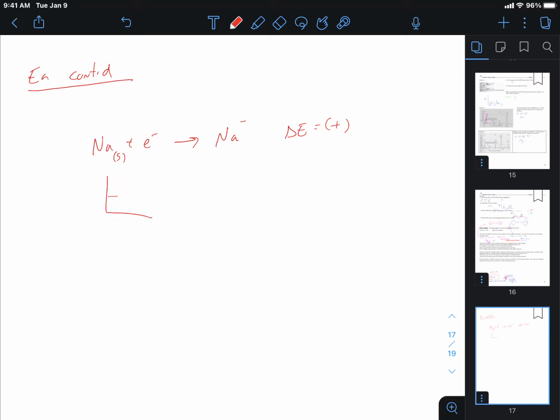So it just doesn't happen. You can pick any metal, and for the most part, nearly all of the metals that you see are going to have a positive electron affinity, which means it's not likely. That is why we don't encounter negative metal ions.